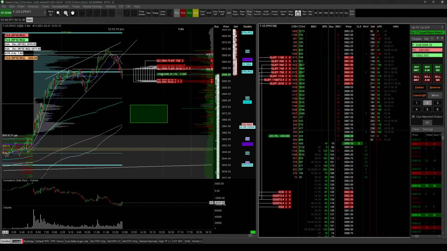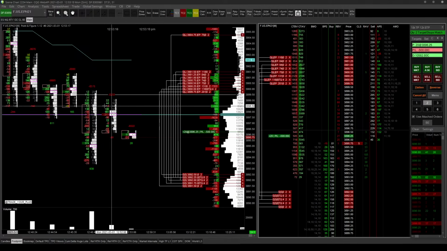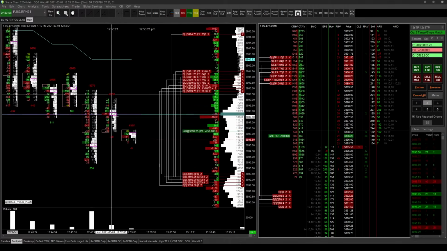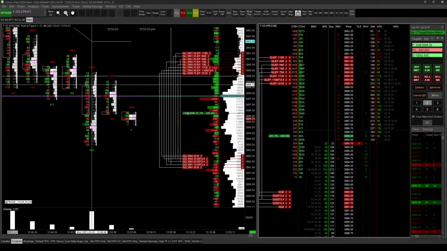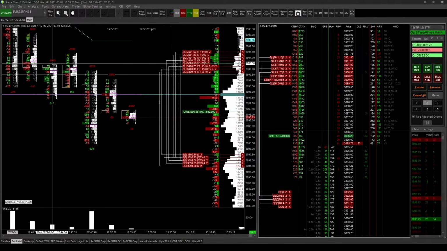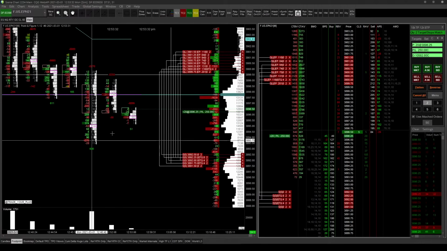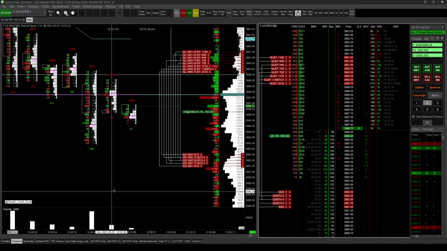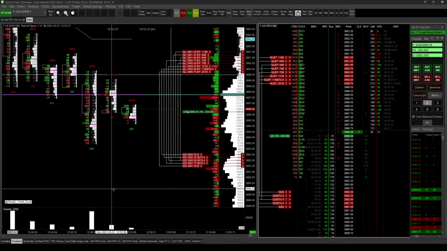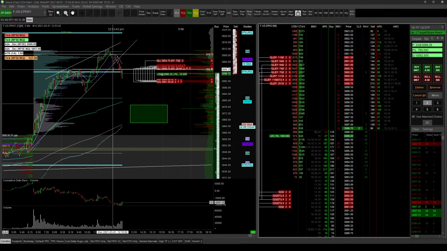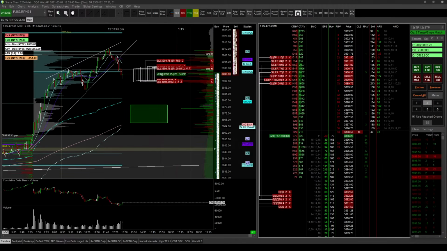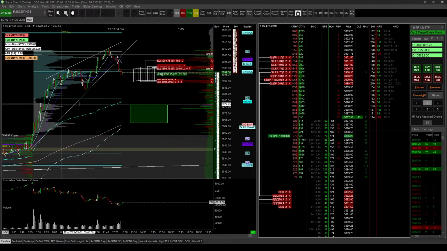Just looking at volume nodes here. Like we got to get over this hump, but it didn't look short term like they really wanted to buy above this area, so we have volume nodes here, here, here. So another volume node here. So I don't know. We'll see. We're at point of control for today, so let's see what the last few minutes brings.